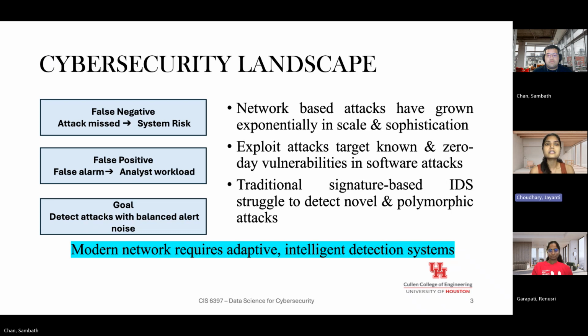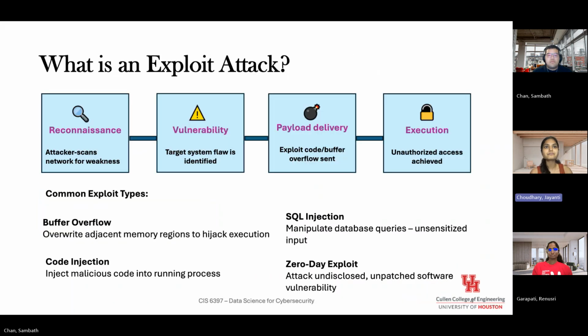Traditional detection systems rely on known signatures, so they often fail to detect new or modified attacks, which leads to two problems: either the system misses real attacks or it generates too many false alarms. So, our goal is to build a system that can detect attacks accurately while keeping false alerts under control. Let's go to the next slide.